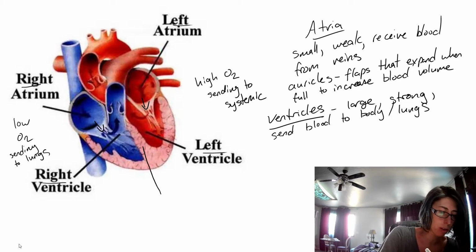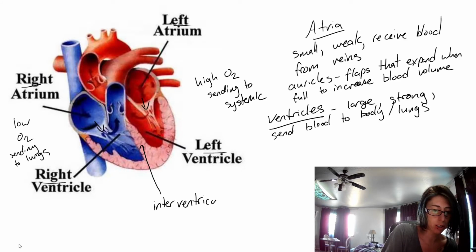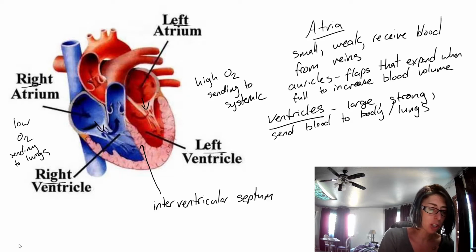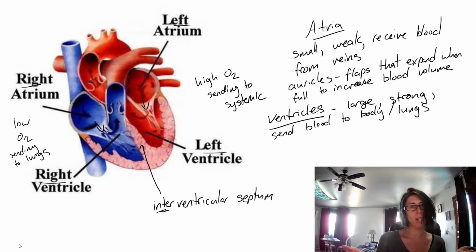So for example, this would be called the interventricular septum. Septum is a biological word for divider. Anything that divides, we could call a septum. And inter means between. So an interventricular septum, what it is in the name, it's a wall between the 2 ventricles.